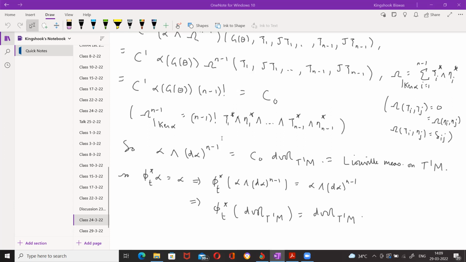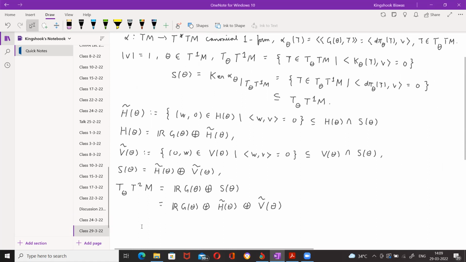So an integral with respect to this Liouville measure, or this Riemannian measure of T1m, we should be able to write as an iterated integral, integrating over the base M, and then for each point in the base, integrating over the fiber TP1M. I want to show you how to do that.